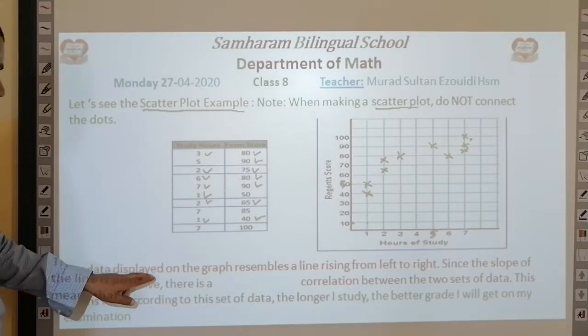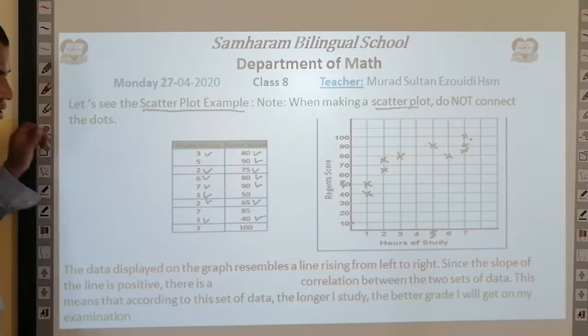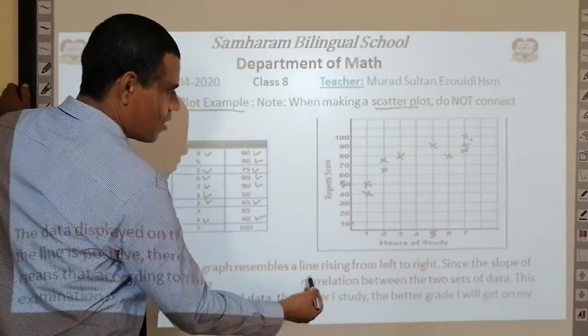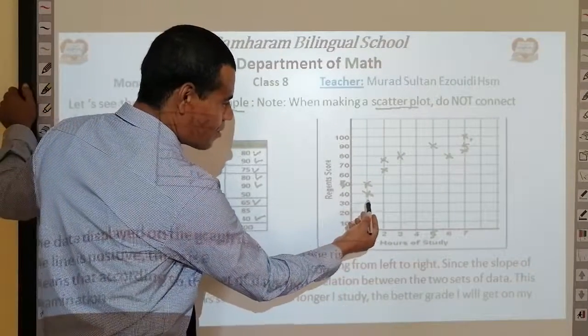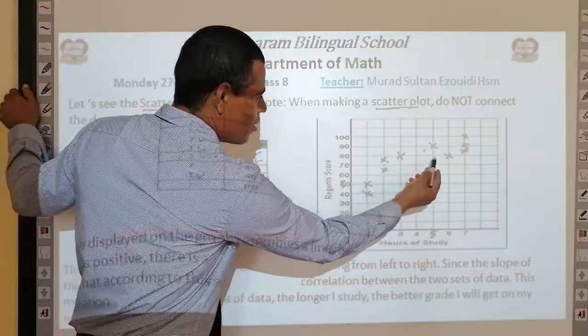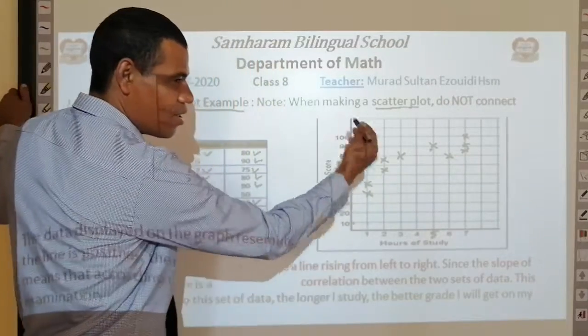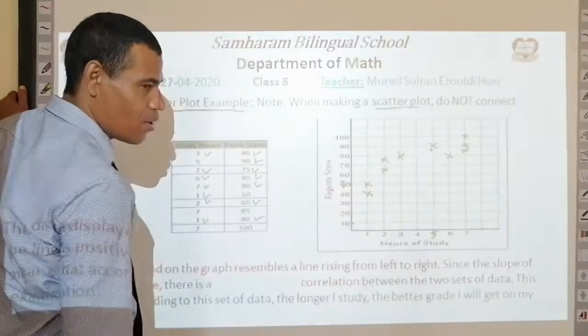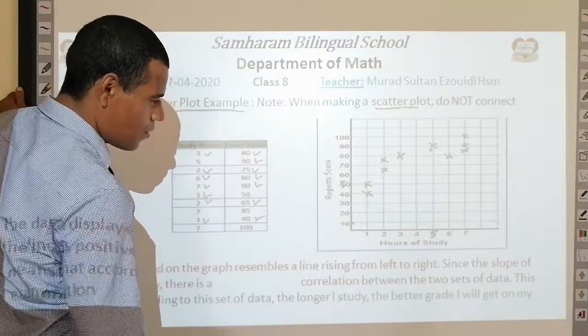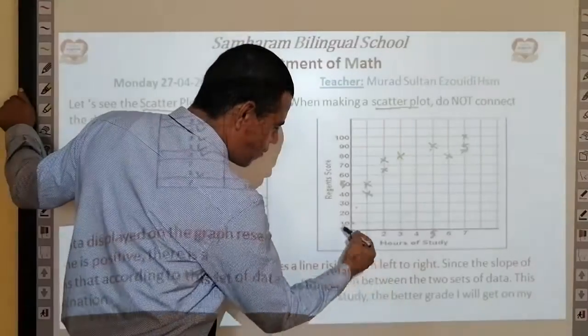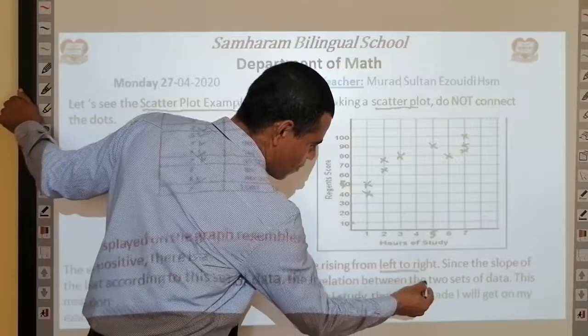The data displayed on the graph resembles a rising line, not one sloping down, from left to right.